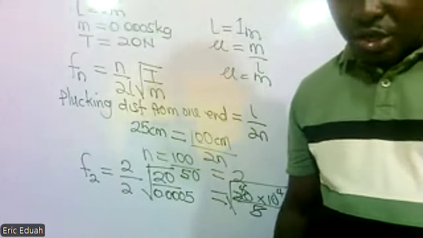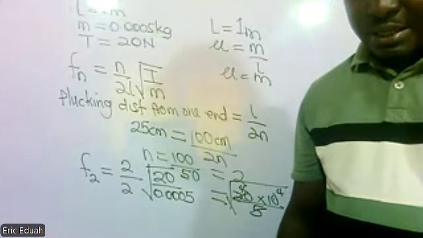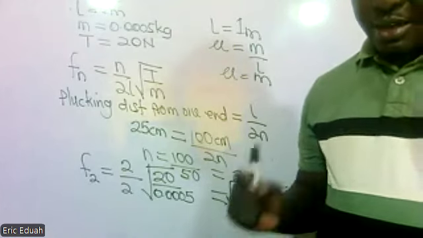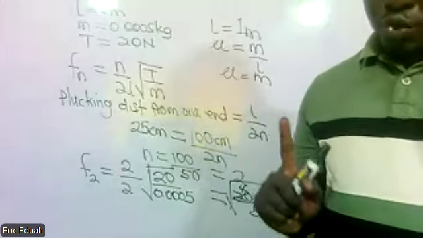So the velocity of waves in a string fixed at both ends is 2 meters per second.